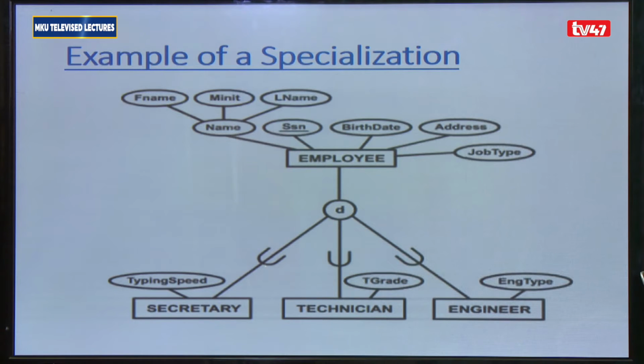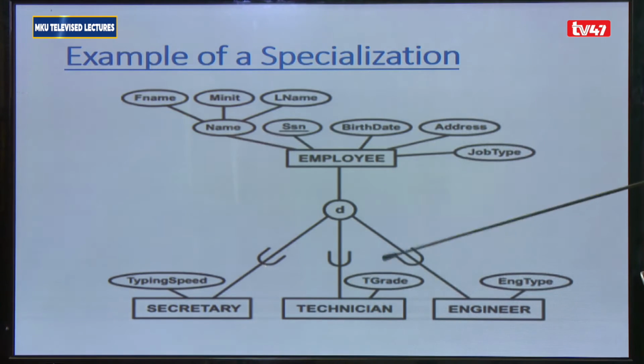In this case, we have employee as the superclass. The employee that we have in our superclass also has some general attributes: the name, serial number, birth date, address, and the job type. These are general attributes.